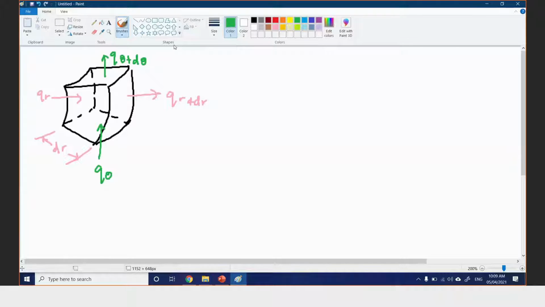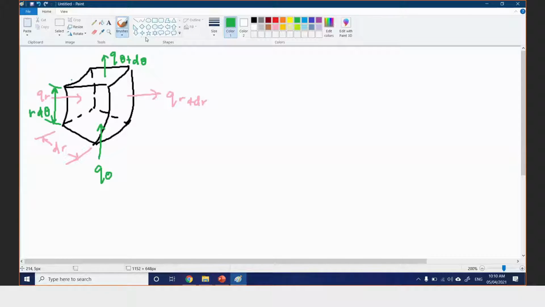You can call it z or whatever you want, but for simplicity's sake, because this is how the textbooks do it, let's use the same reference. In this case, the height is no longer simply dz. It's actually r d theta. We use r d theta to compensate for the fact that it's curving.